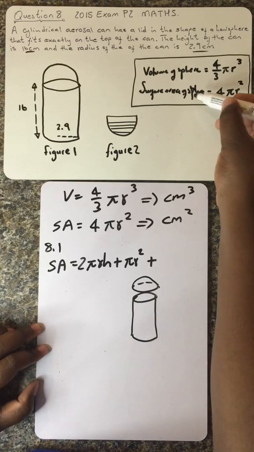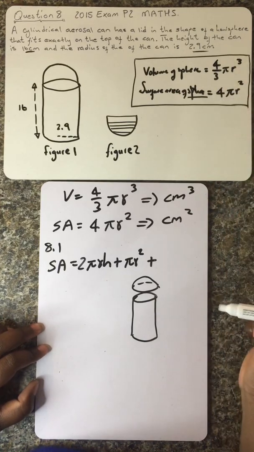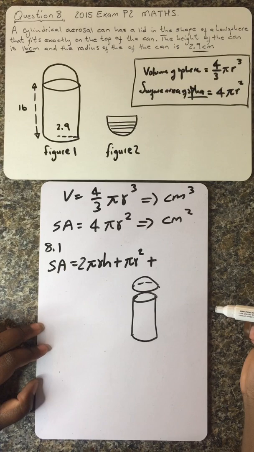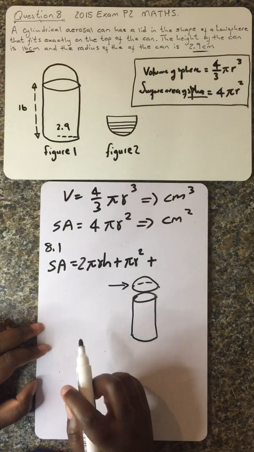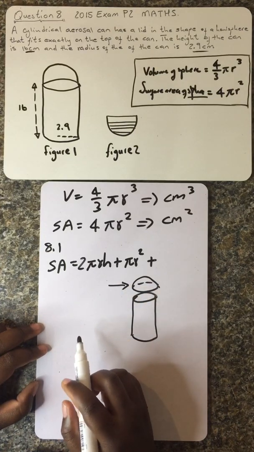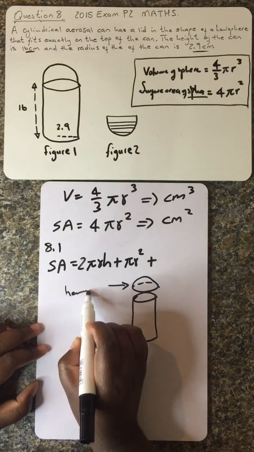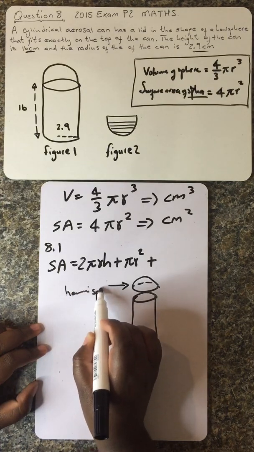Remember, what you are given there is the surface area of the sphere. Now this lid is not a sphere, but a hemisphere. Hemi means half of the sphere.